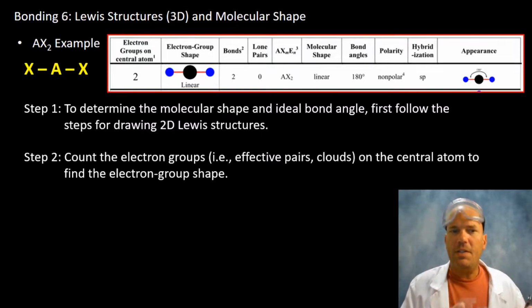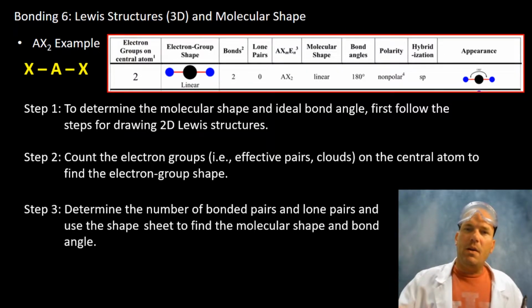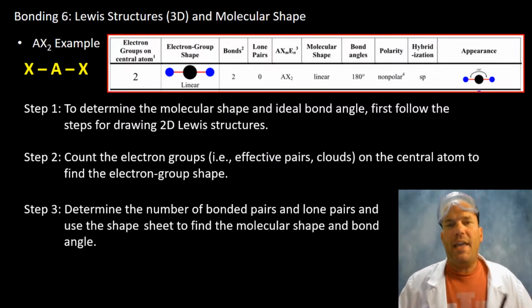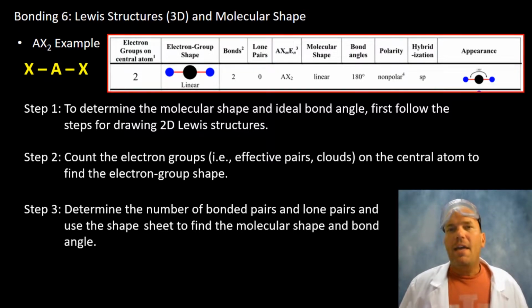In this case, we're dealing with 2 electron clouds. Next, step 3, determine the number of bonded pairs and lone pairs, and use your shape sheet to find the molecular shape and the ideal bond angle. That's as far as we're going to go in the next 2 videos.